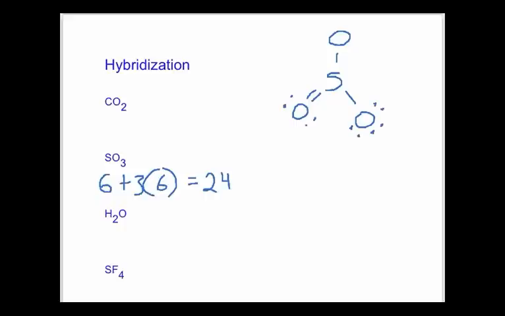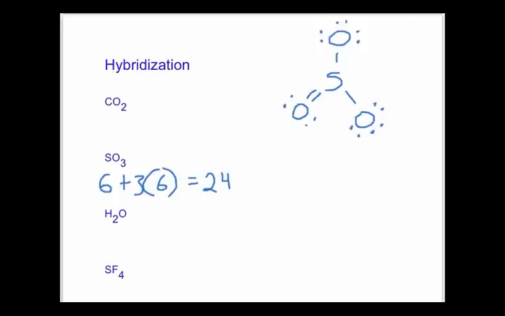If you're counting, it's 2, 4, 6, 8, 10, 12, 14, 16, 18, 20, 22, and 24. One thing you should notice is that we would have resonance with this, because the double bond can be here, like it is in this case, or over here, or we can have a structure where the double bond would be there. So we would have three different resonance structures, but I'm not going to draw those right now.